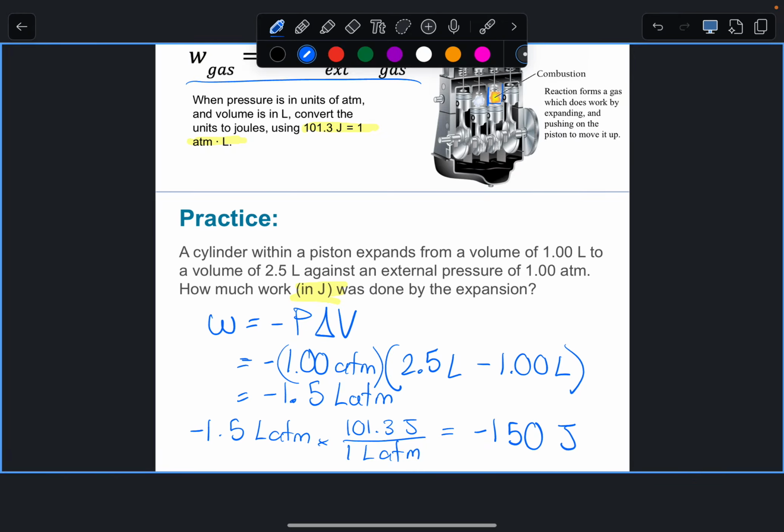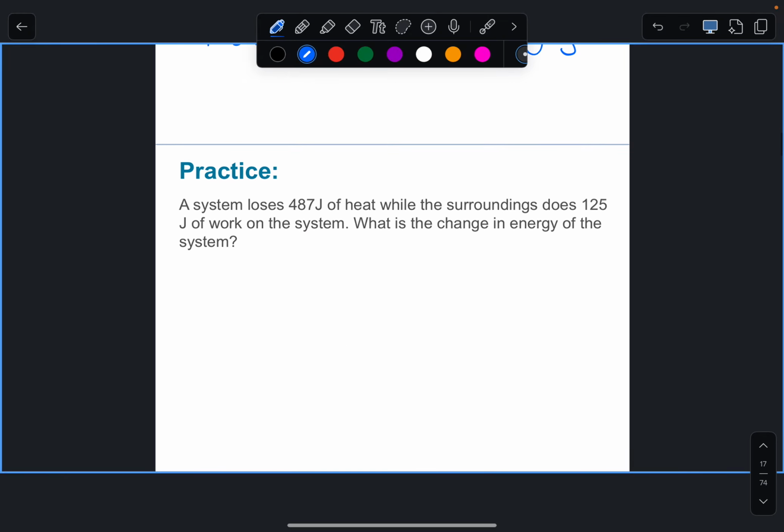Okay. Last one kind of related to this. I'm not going to give you a whole lot of direction on this. This is kind of bringing together a bunch of the concepts. Just go ahead and calculate the delta E for this situation.